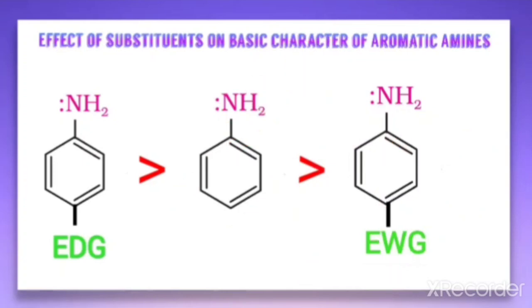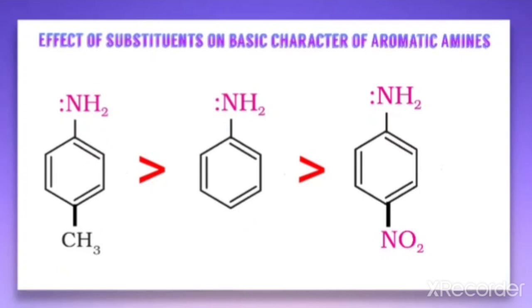So when we take the electron donating group as CH3 and the electron withdrawing group as nitro, we can say that para methyl aniline is more basic than aniline, and para nitro aniline is less basic than aniline.